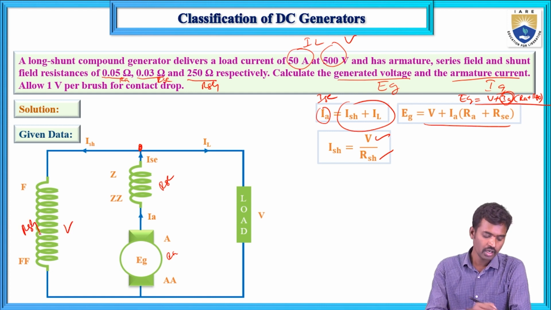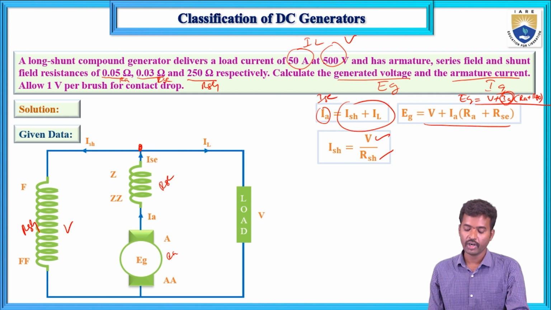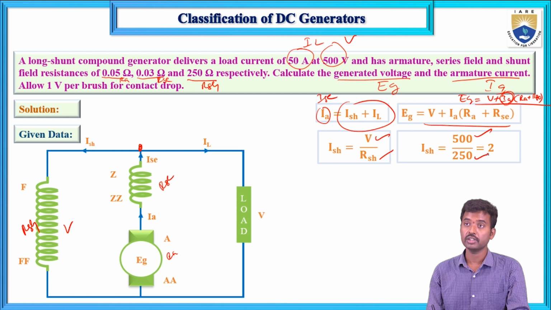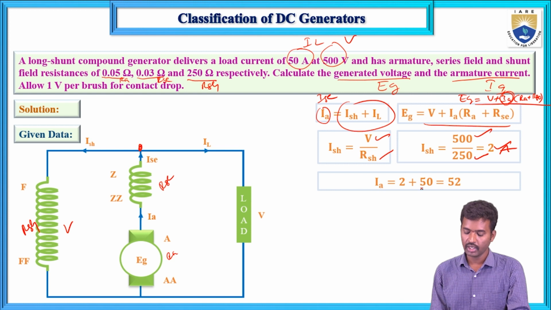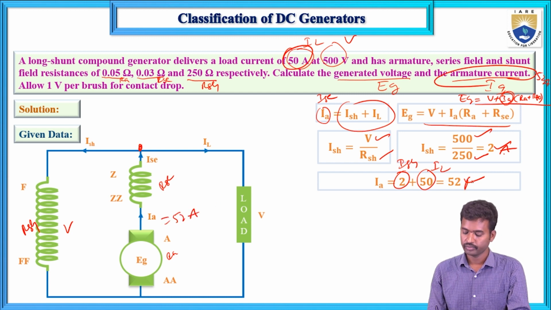Here the terminal voltage is 500 and RSH is 250, so 500 by 250 is 2 amps. Now IA equals 2 plus 50. This is the shunt current and this is IL. IL plus ISH equals the armature current, which is 52 amperes.